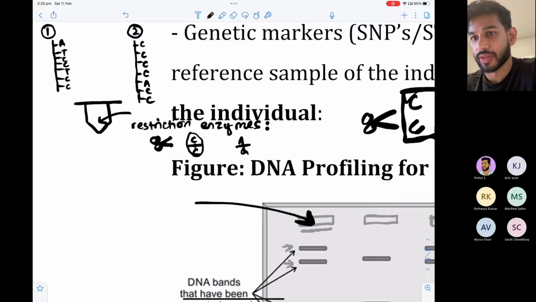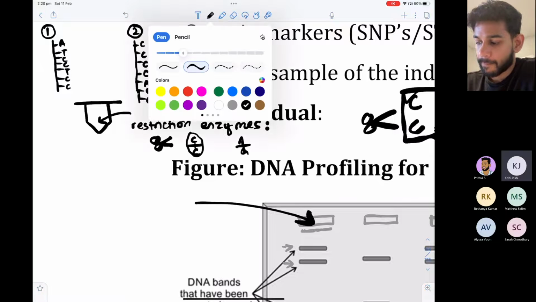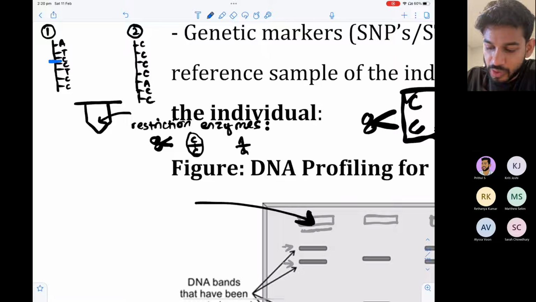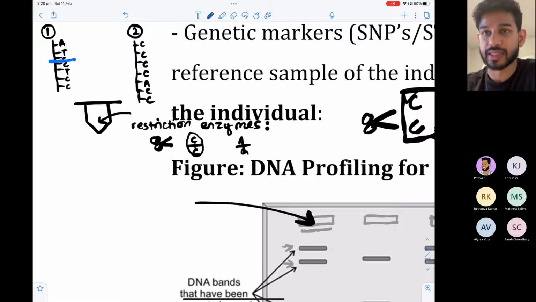So I'll start with Critty. Critty, how many fragments would person 1's DNA be turned into? Wait, so do I only count the C's? So you need to imagine these are scissors that only insert themselves between two C's and cut the DNA. So they'll cut the DNA here and they'll cut the DNA here. Does that make sense?